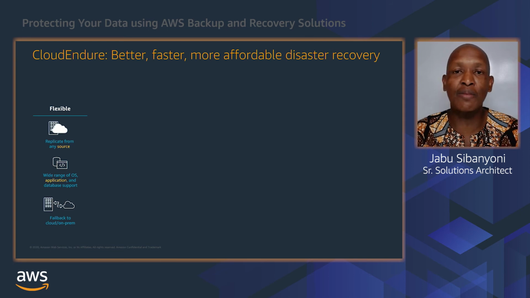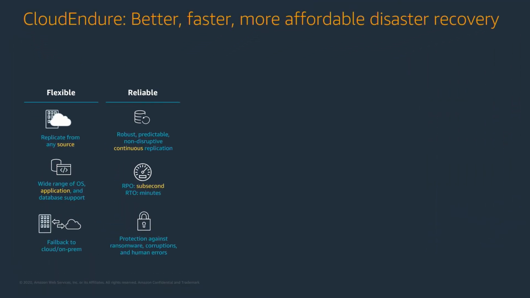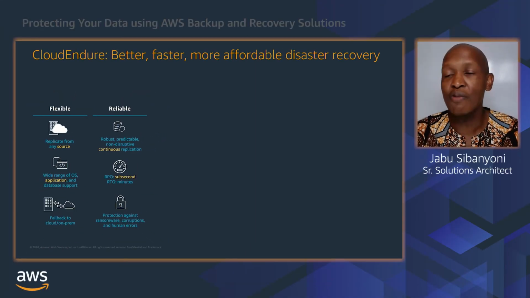And then allowing you to have a seamless and reliable way to fail back into AWS environment. So this provides you with a robust, predictable and non-disruptive continuous replication of your data into AWS Cloud.